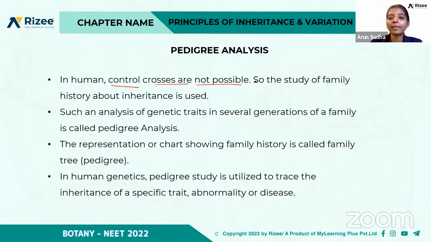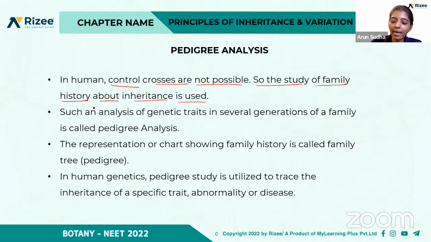So what they did is use the study of family history about inheritance. About the inheritance of a particular disease or trait, they use this pedigree analysis. They studied the forefathers, whether they had the disease, their traits, then the grandfather, then father, then son, and across the generations they analyzed and made a family tree, right?